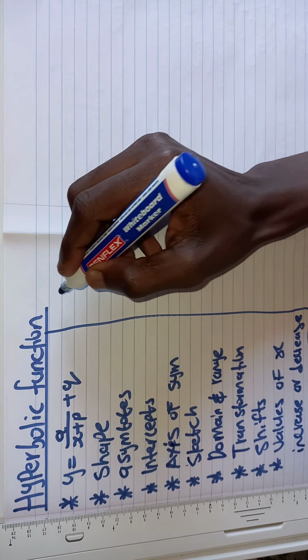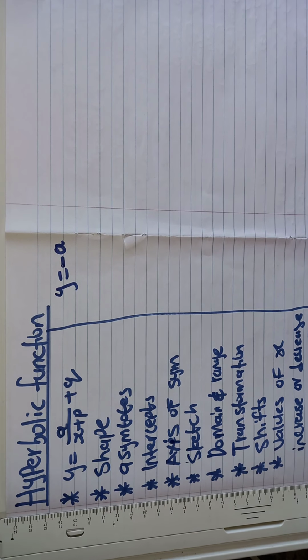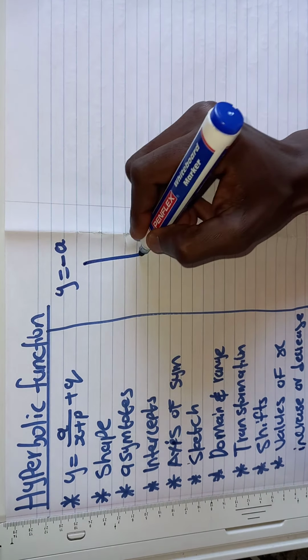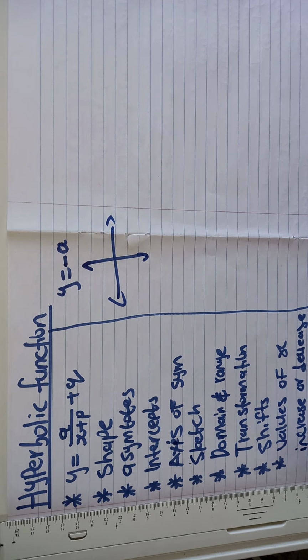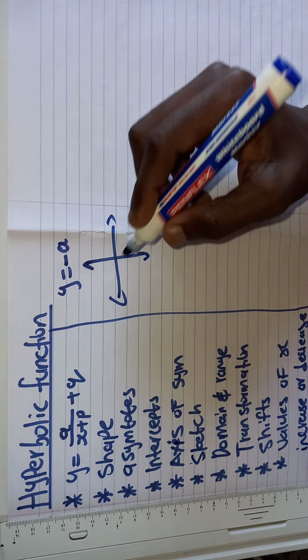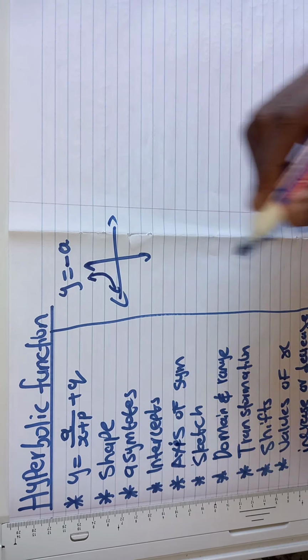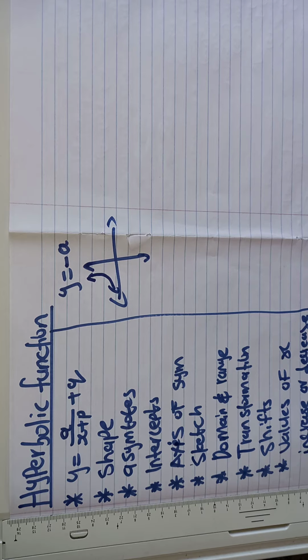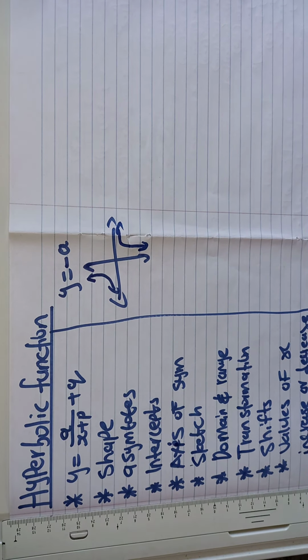Okay, let me say we are given a as a negative value, which means for a negative sign, our graph is gonna have top left and bottom right.